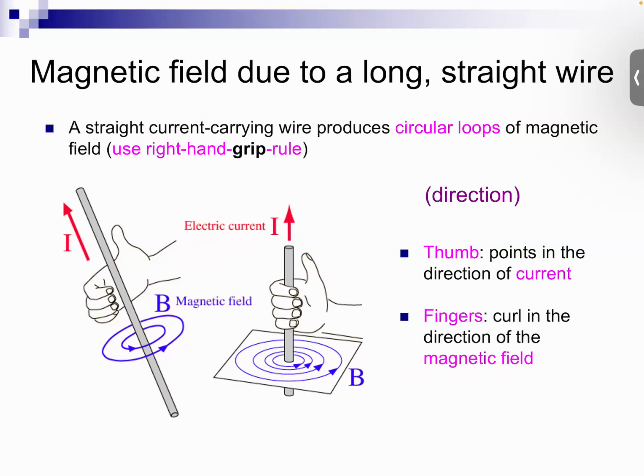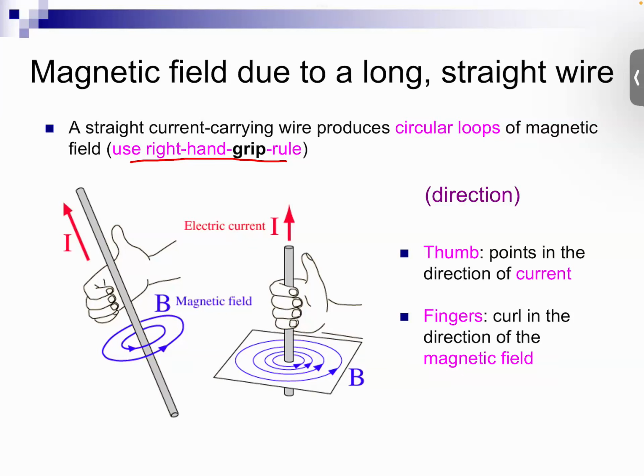So for the direction of the magnetic field that's created by currents flowing in a wire, we use a right-hand rule. I'd like to use the right-hand grip rule to distinguish this from the right-hand rule that we use for the cross products, right?